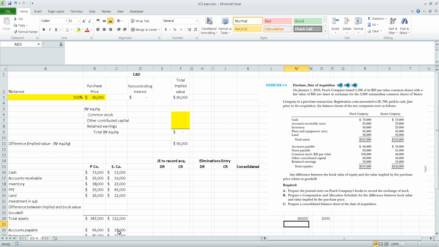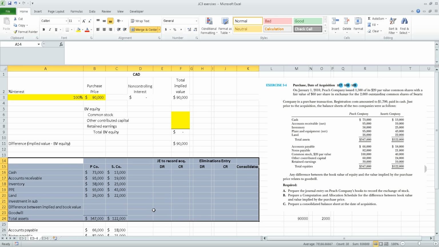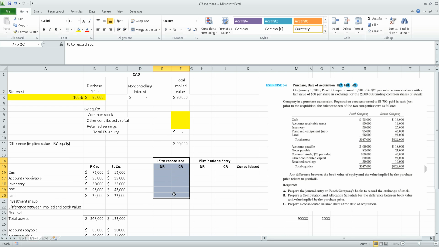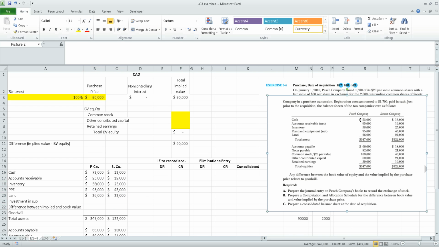By the way, what you see here is the consolidating worksheet, where I've added two additional columns that you haven't seen before, to reflect the journal entry that we have to make in order to record the acquisition, because these balance sheet columns were immediately prior to the acquisition.